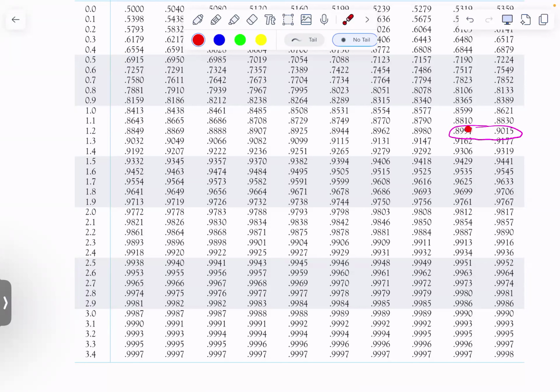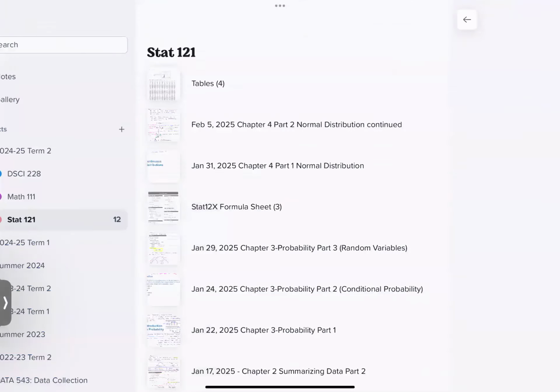And so I'm going to choose this one. 0.8897. Or sorry, 0.8997. Reading is hard. Okay, 0.8997. Let's jot that down.